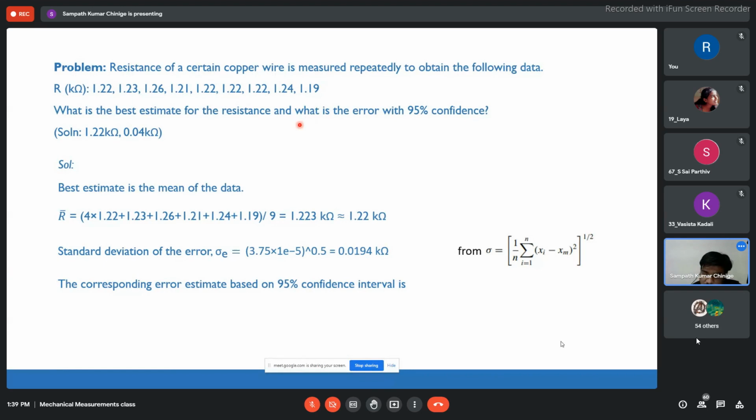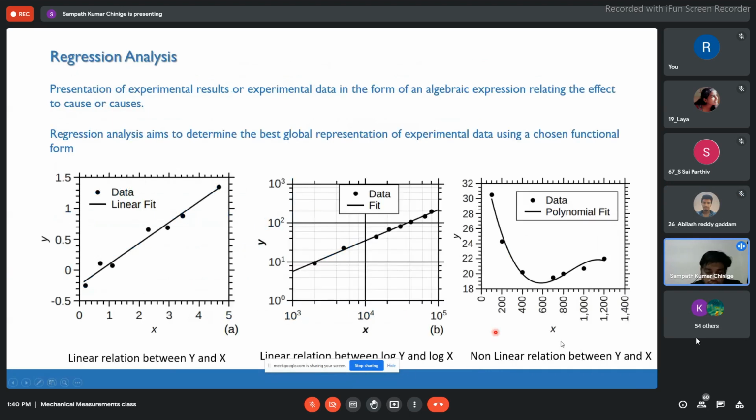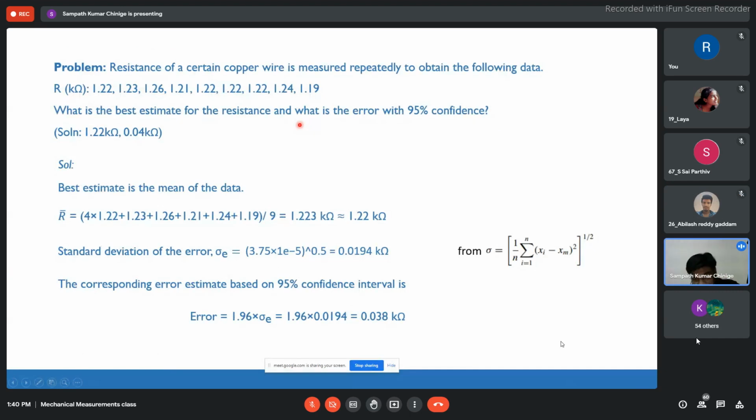Sir, 1.97 sigma. Yes, therefore it is 1.96 sigma. So you are calculating that as 0.038 kilo ohms. Therefore, you know the mean value R and the estimate with 95% confidence, that is 1.22 plus or minus 0.038 with 95% confidence.